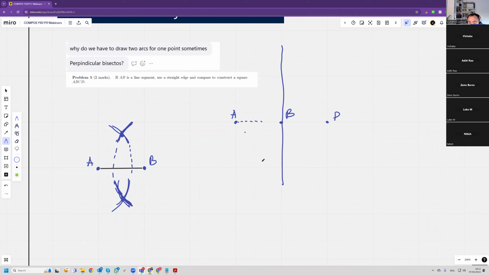And also find this point, and then point Q, and do a perpendicular bisector here. There are many different ways you can do this, but this is one. I drew 2 points and I drew 2 arcs equidistant in order to draw 2 perpendicular bisectors.